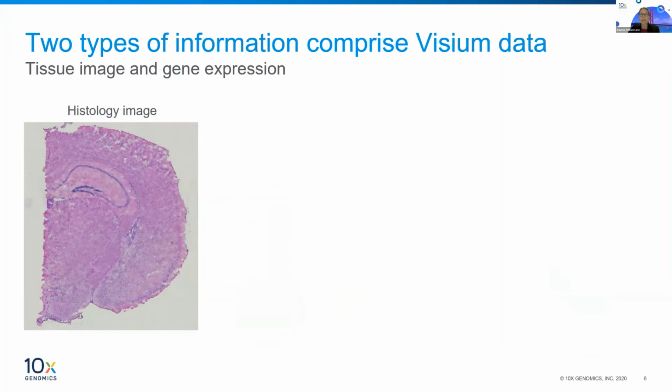But the key importance of the Visium technology is that you're really capturing two types of data sets that you can combine. On one side, it's the histological image. You have the choice between hematoxylin and eosin staining, or you can also use protein staining, so immunofluorescence. You can pick either of them, but you have your histology image.